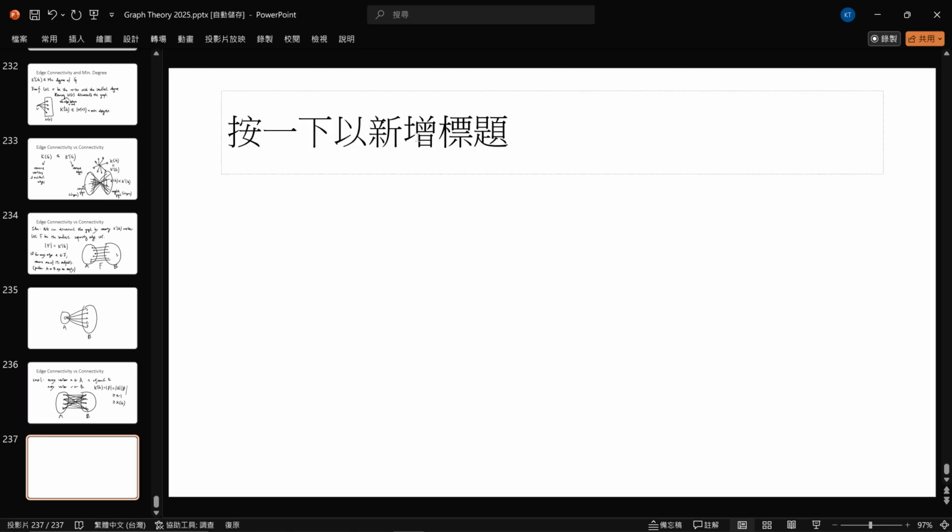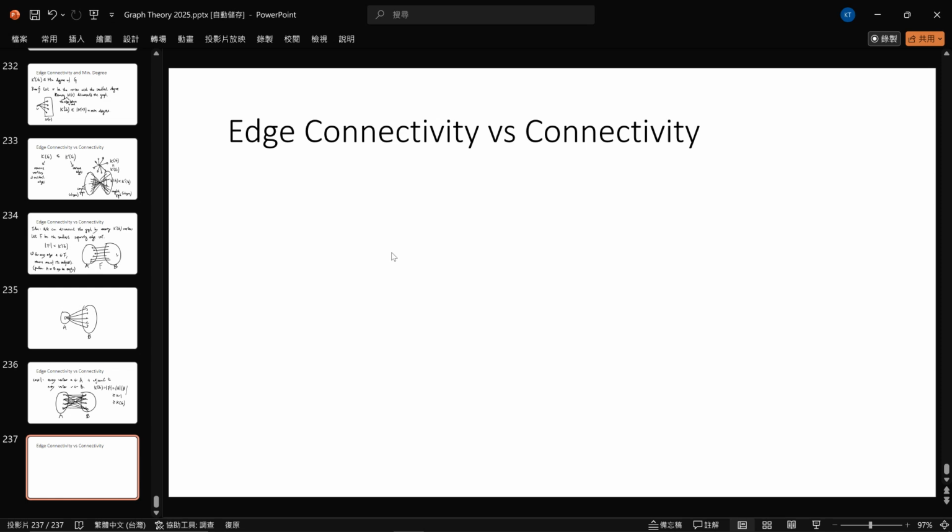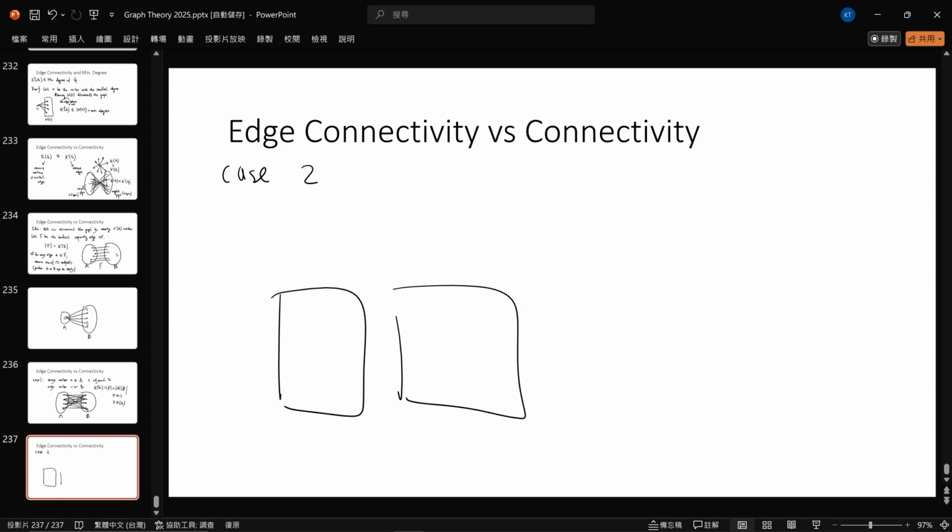And case 2. Let me give you a picture showing case 2. Case 2 happens when not every vertex in A and B are adjacent.